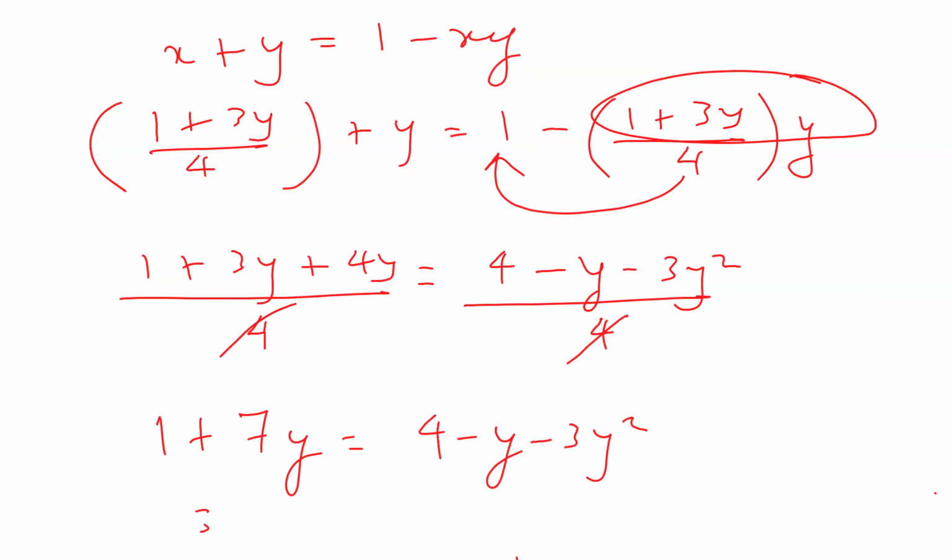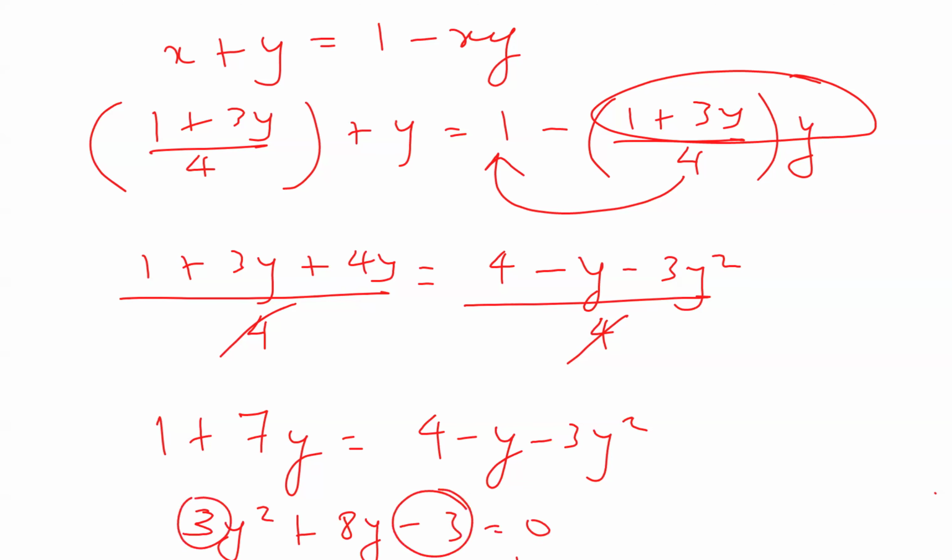So 3y square, okay, plus y. 7y plus y, that is 8y. Okay, fine. And 1 minus 4, that is minus 3.